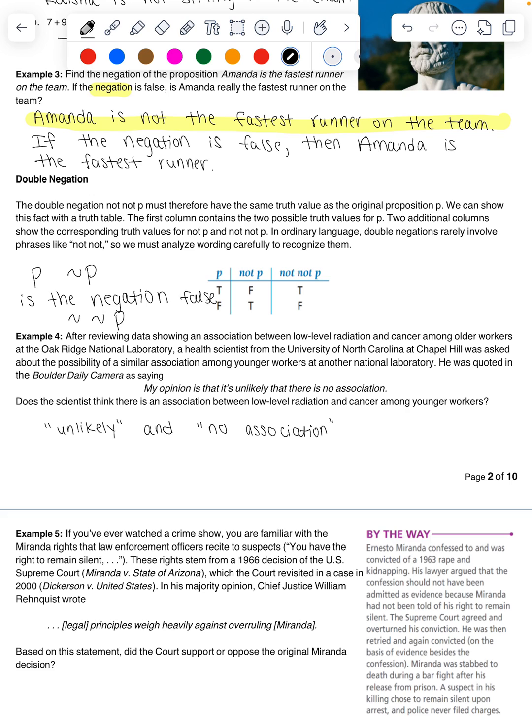So together we have a double negation. Since the double negation has the same truth value as the original proposition, we would say the scientist believes that it is likely that there is an association.